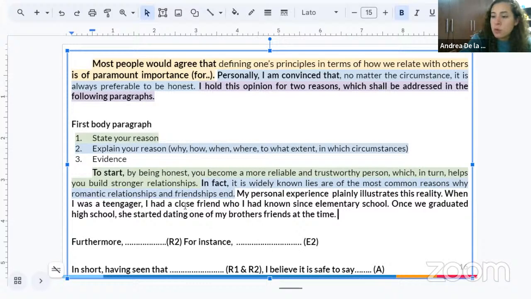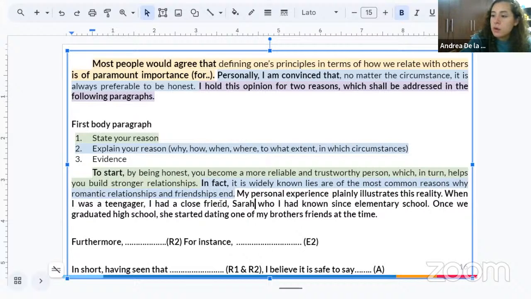Maybe we could also mention what her name was. I had a close friend, Sarah, who I had known since elementary high school. Once we graduated, high school, she started dating one of my brother's friends at the time.